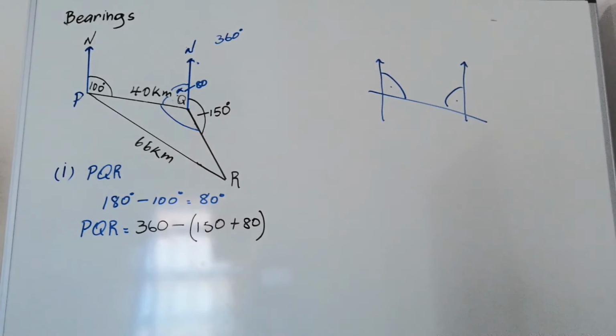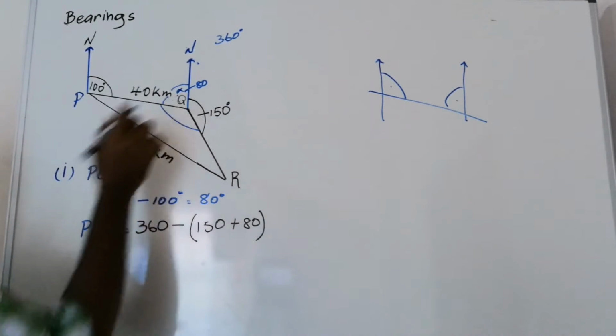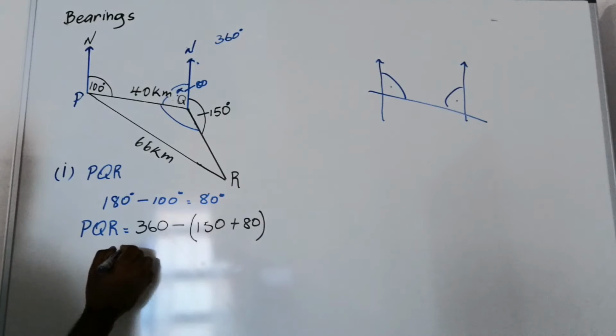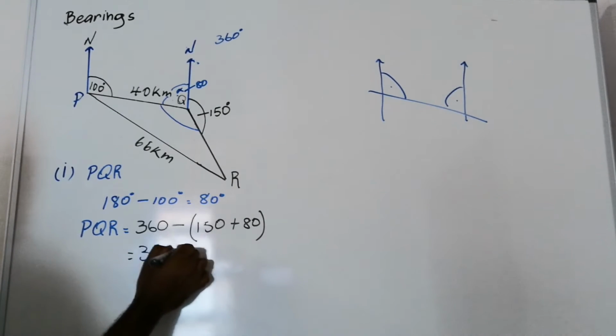So when we add up 150 and 80 and we subtract from 360, we will get the angle PQR.